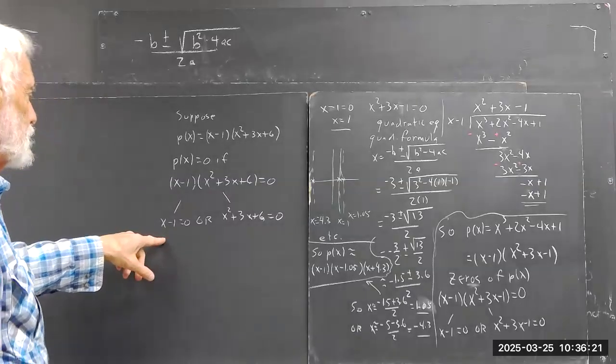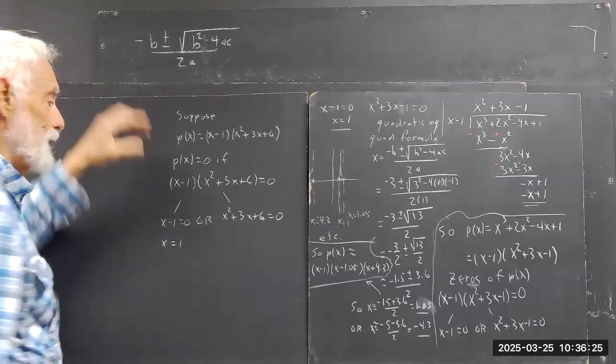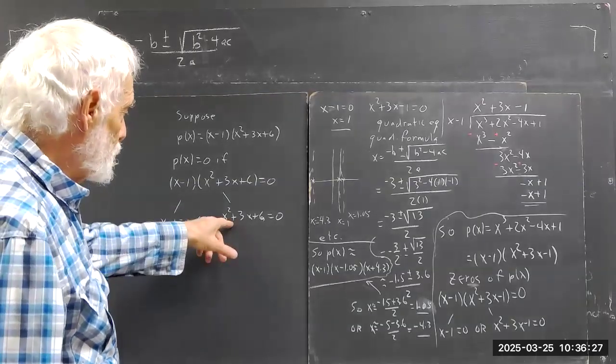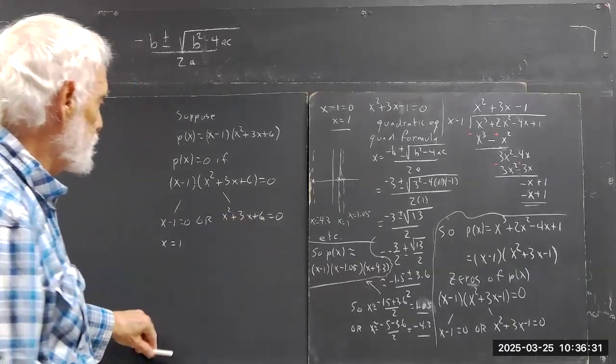So solve it. I'll solve this one for you. This is x equals 1. Now use the quadratic formula to solve x squared plus 3x plus 6 equals 0.